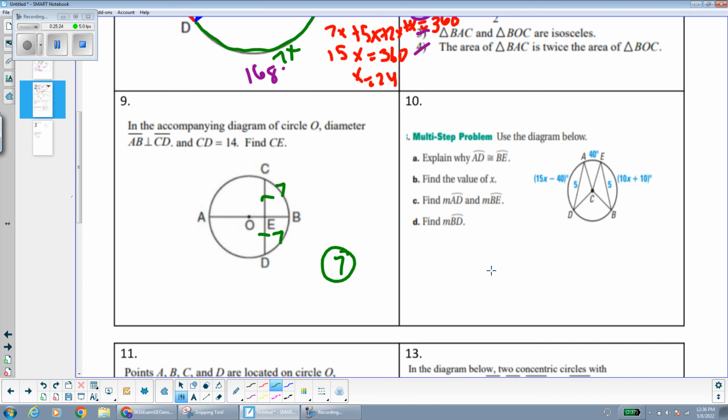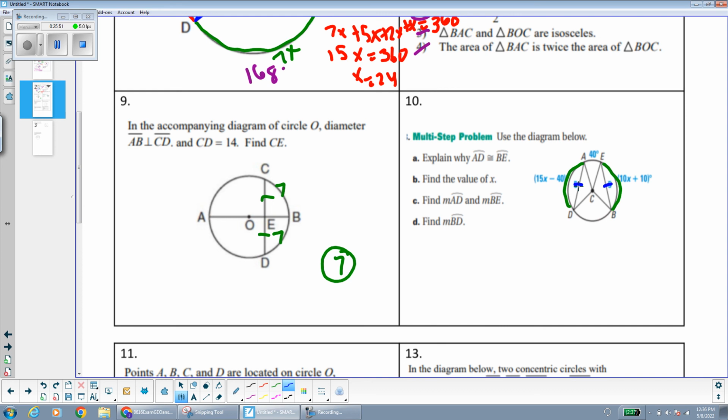For number 10, it says to answer the questions using the diagram given. For A, it says explain why arc AD is congruent to arc BE. So here's arc AD and here's arc BE. Notice that we're given the measurement of chord AD and chord EB, and they're both 5. So those are congruent to each other.